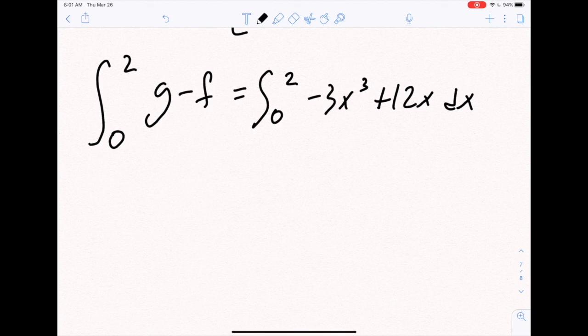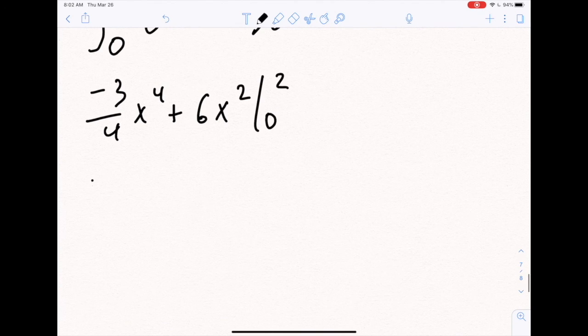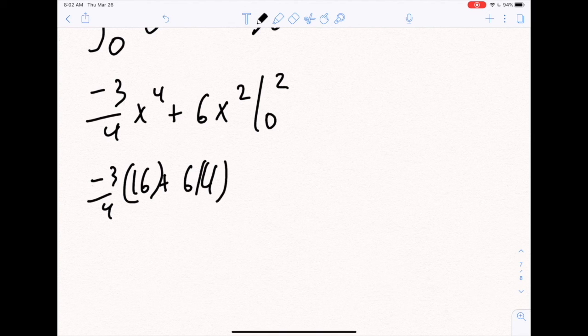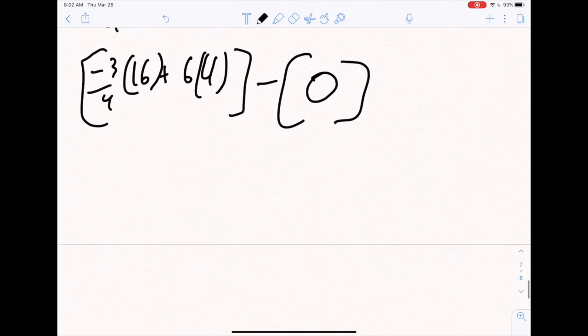So we have the integral from 0 to 2 of minus 3x cubed plus 12x. So that'll be minus 3 over 4 times x to the 4 plus 6x squared evaluated from 0 to 2. If we plug in 2, we get minus 3 over 4 times 16 plus 6 times 4 minus, and if we plug in 0, we just get a big fat 0, so we can ignore that, and this simplifies to be minus 3 times 4 plus 24.